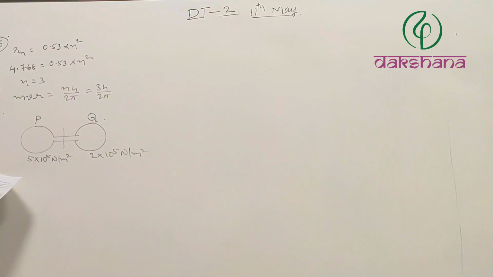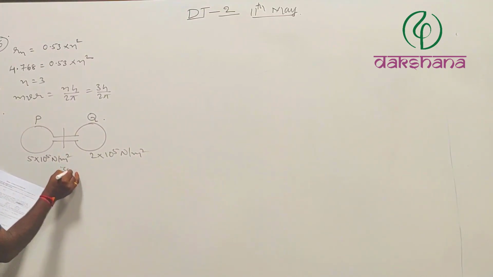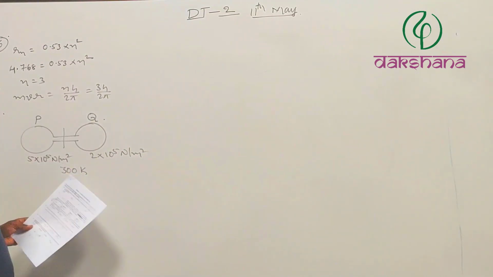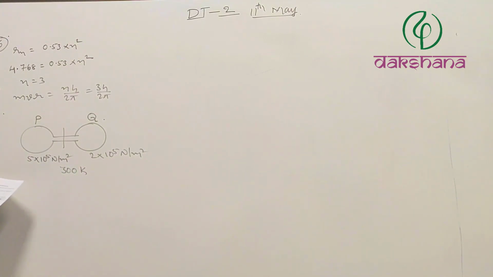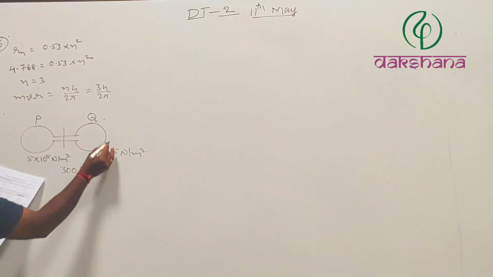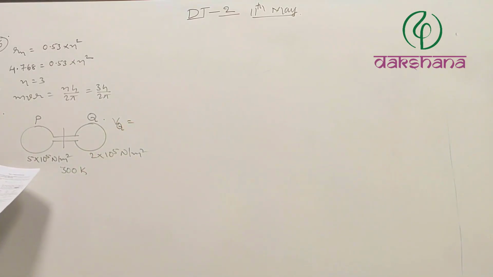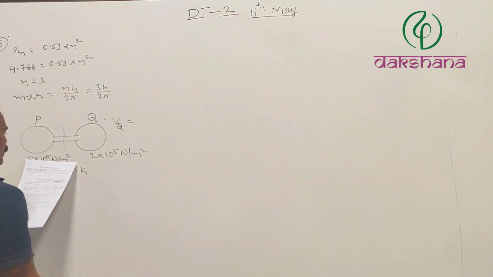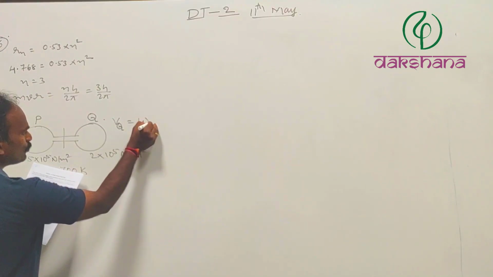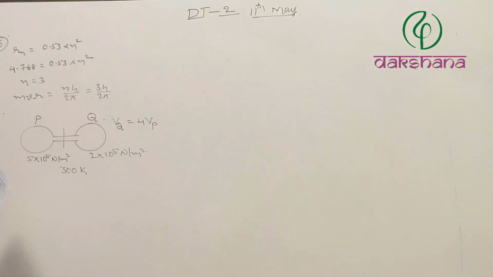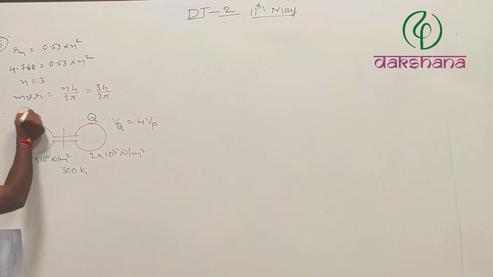Both of them are at 300 Kelvin, as we already discussed. Now we have to find out the total pressure. Another thing given is the volume of Q is equal to 4 times the volume of P. If this is V, it is going to be 4V.